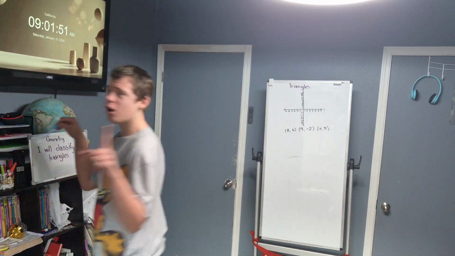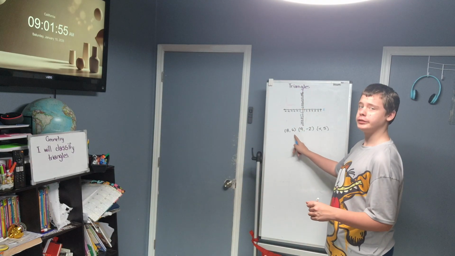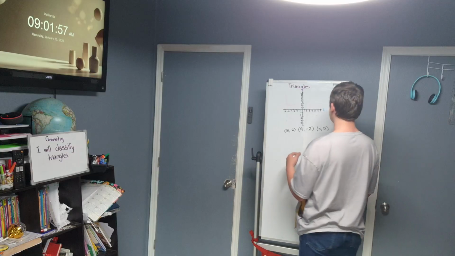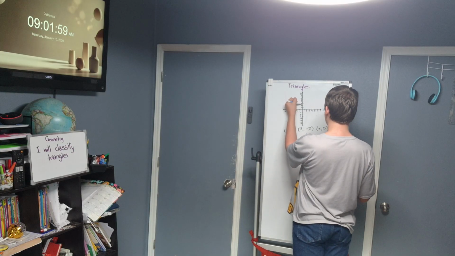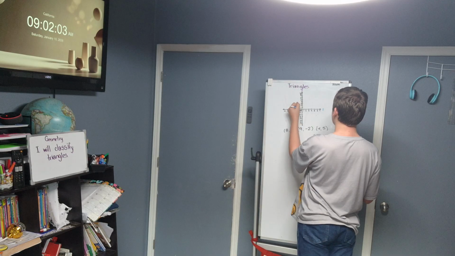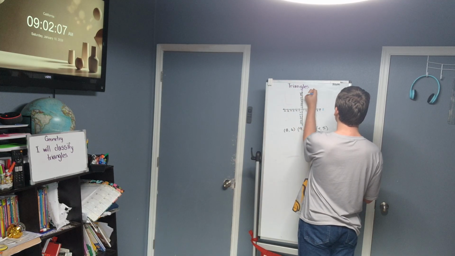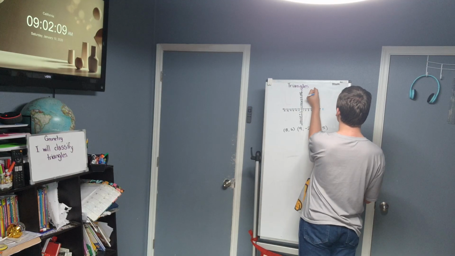So point 1 on our axis is 8 and 6. So 8 and 6, we go 8 up, 1, 2, 3, 4, 5, 6, 7, 8. And we go 6 to the right, 1, 2, 3, 4, 5, 6. So this is point 1.